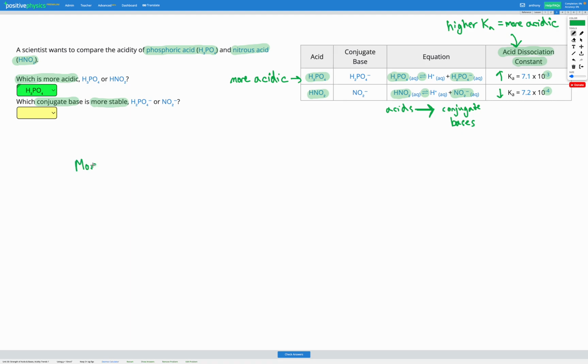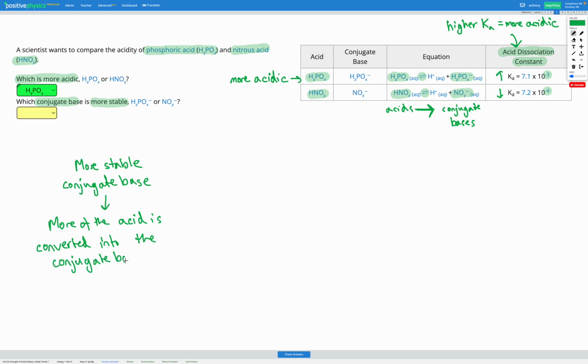If we have a more stable conjugate base, that means more of the acid is converted into the conjugate base. And if more acid is converted into conjugate base, we're going to have a greater H plus concentration and a higher acidity. So that means the acid is more acidic.